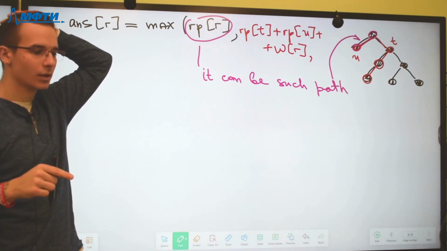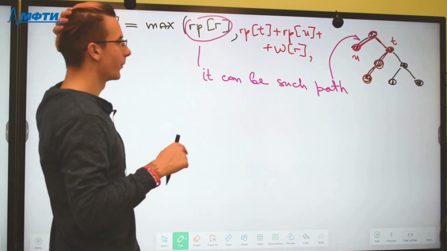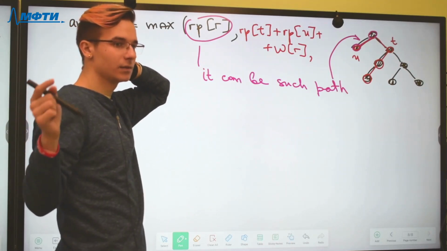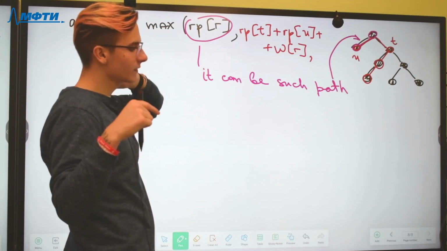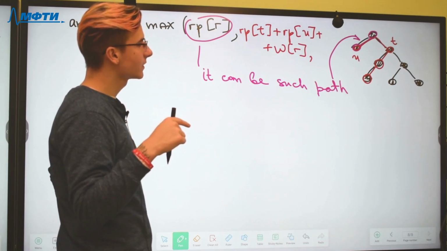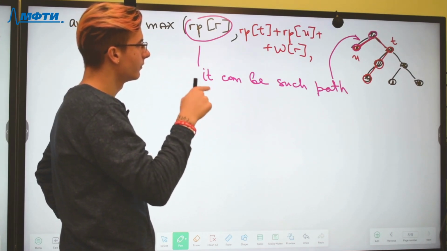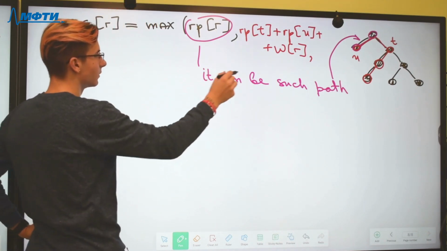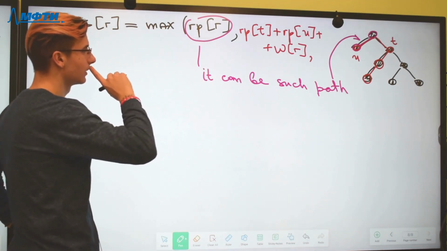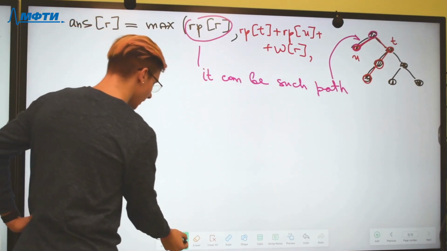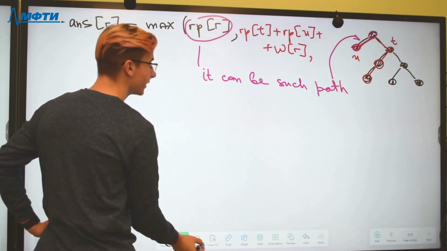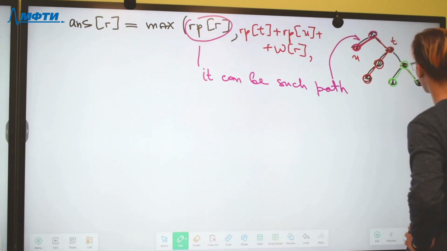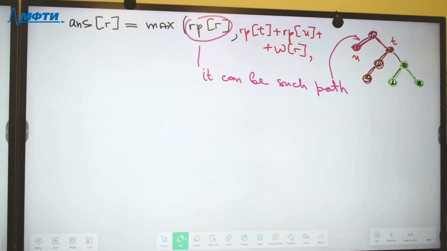But maybe the maximum path doesn't contain the root. And in this way, this path must be in one of the subtrees. So after a comma, I can find, for example, the maximum path as the maximum path in one of the subtrees.